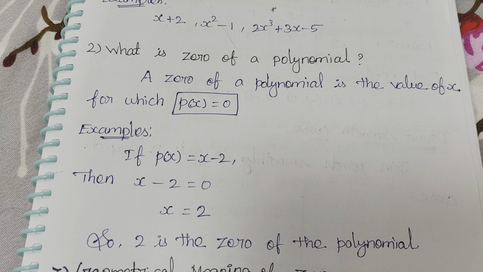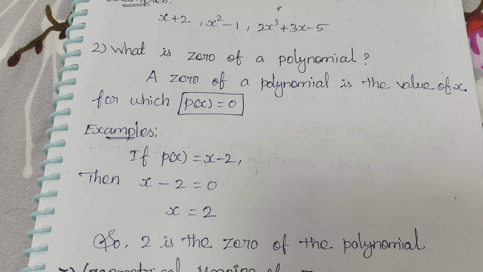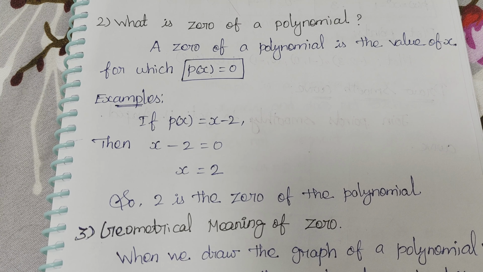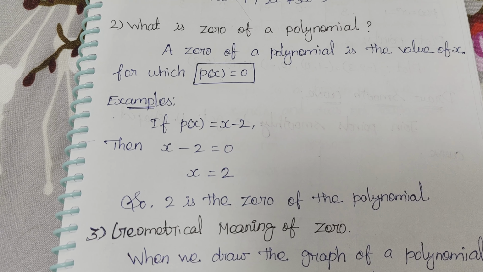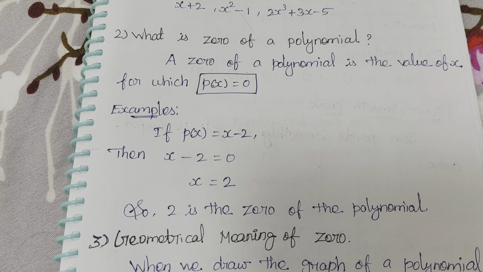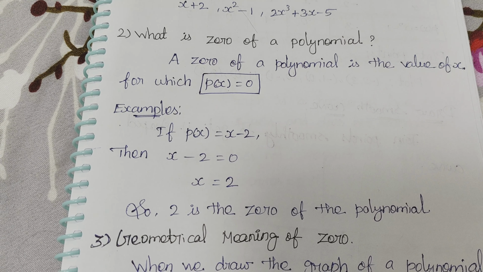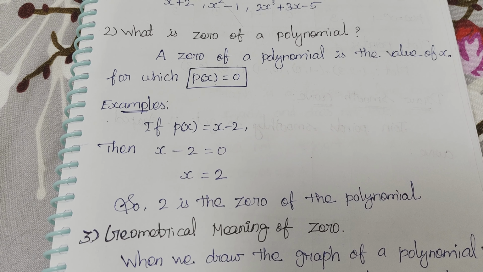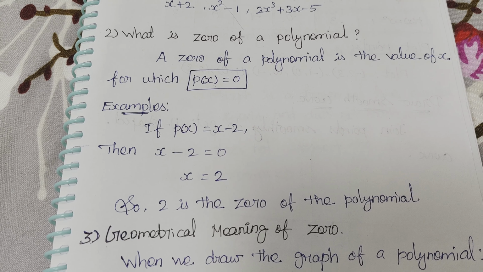Now the next question is, what is the zero of a polynomial? It's actually very simple. The zero of a polynomial means the value of x for which the polynomial becomes 0. Let's see a small example. Suppose we have a polynomial p of x equal to x minus 2.